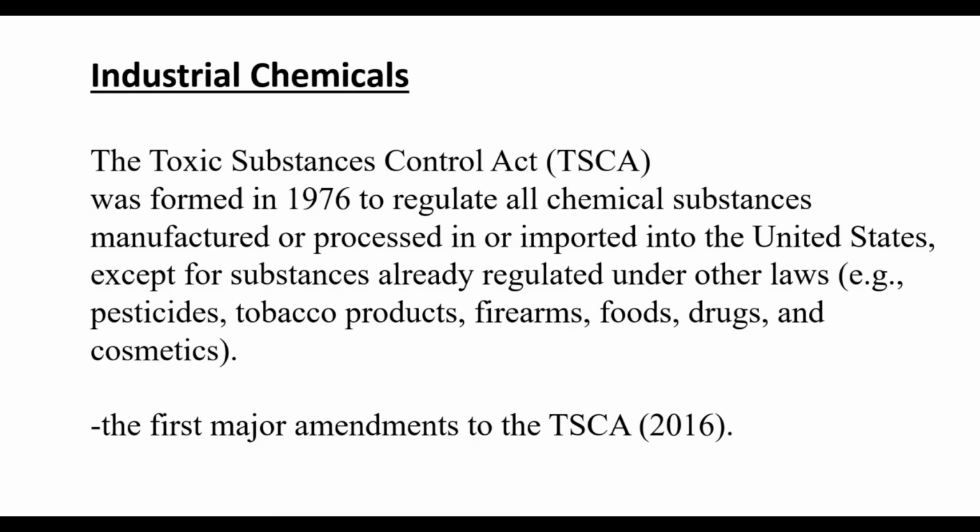The Toxic Substances Control Act regulates all chemical substances imported into the United States, except for substances already regulated under other acts, that is pesticides and tobacco products. Food, drugs, and cosmetics are already regulated by the FDA, so these are not regulated under this act. Only the industrial chemicals like paints, intermediates, and other major industrial chemicals are regulated under this law.